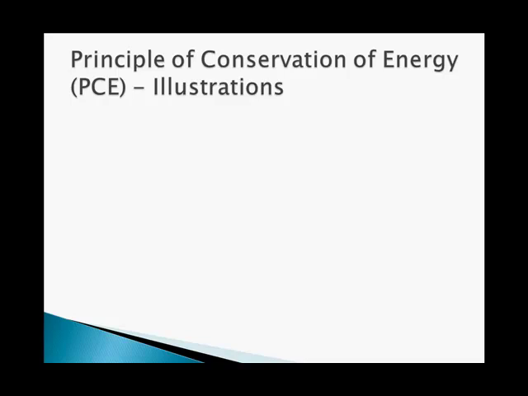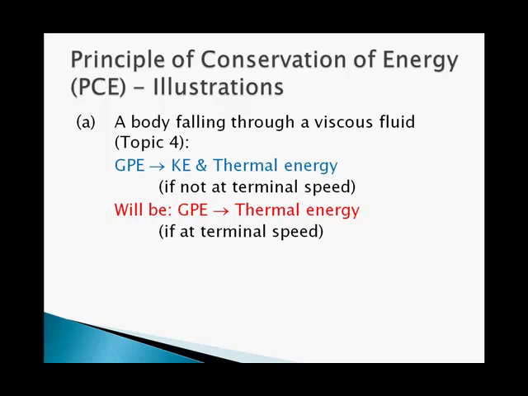For example A, you have a body falling through a viscous fluid, as we have discussed in topic 4. All the GPE will be converted to KE and thermal energy if the body is not at terminal speed. However, when the body is at terminal speed, all the GPE will only be converted to thermal energy.